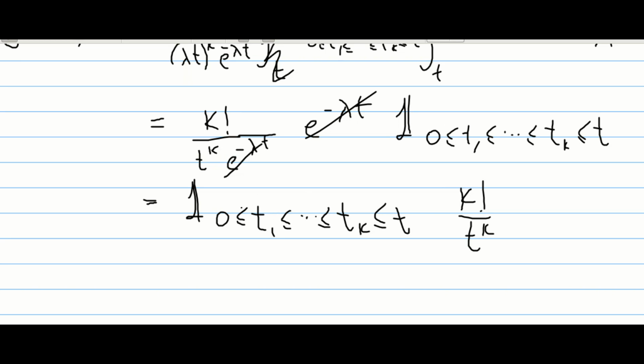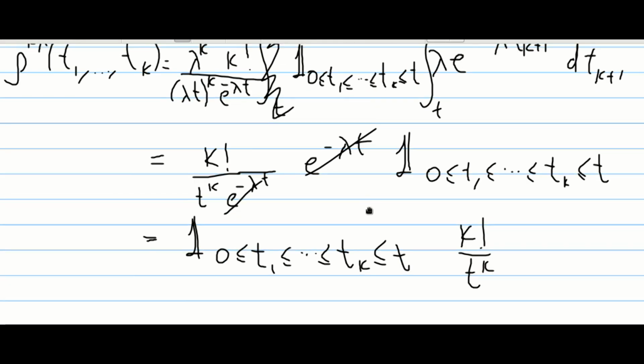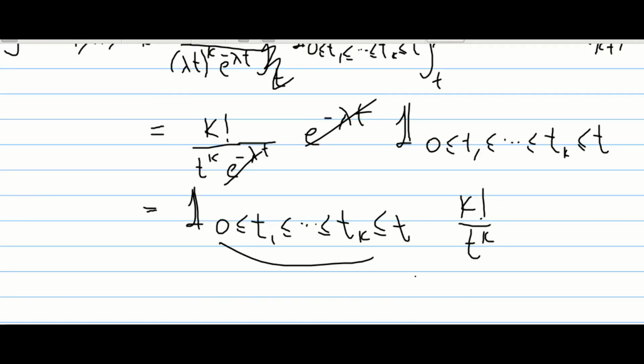Actually, why does it integrate up to 1? Because there are k factorial ways to order this. The cube has volume t to the k, so this is exactly what makes the integral be 1. We are picking just one of the permutations, but we are multiplying by the number of them, and we are dividing by the total volume of the cube.